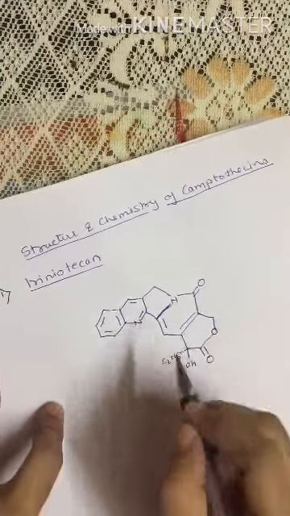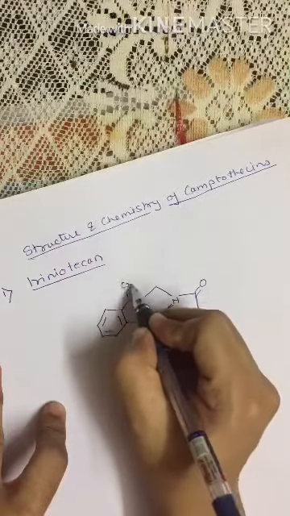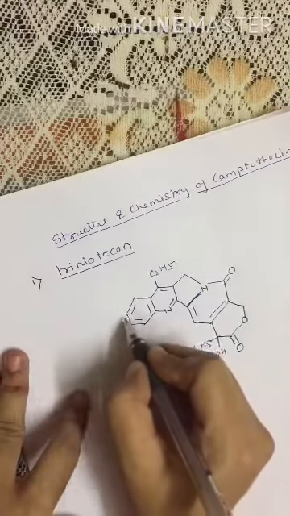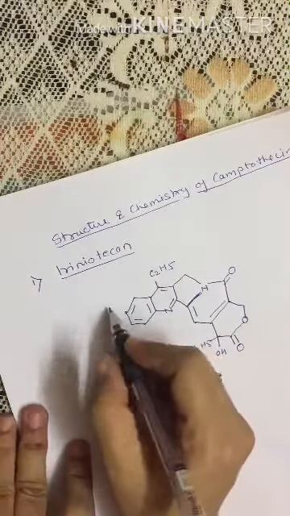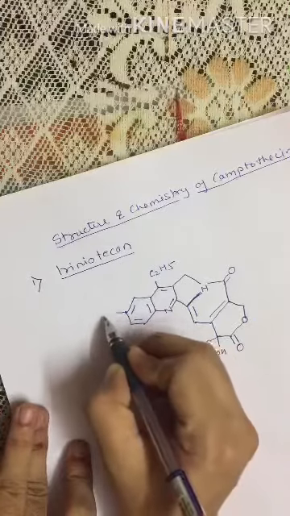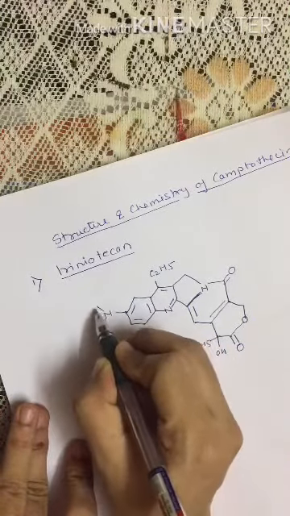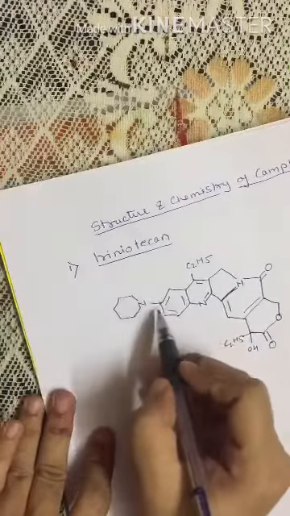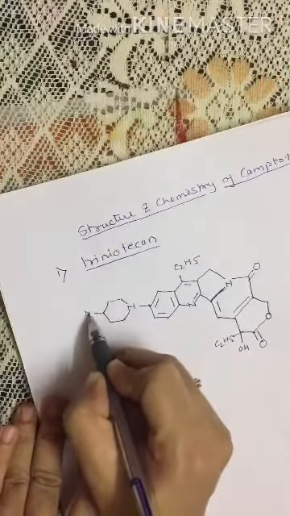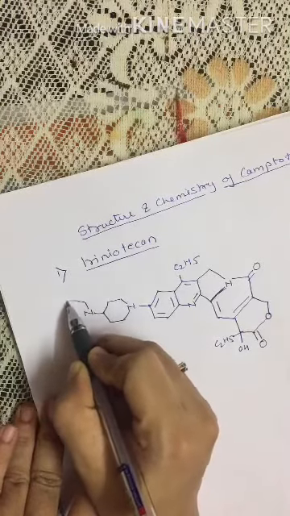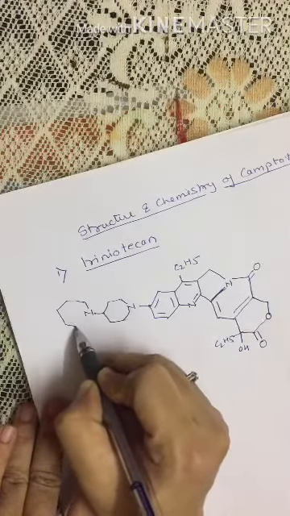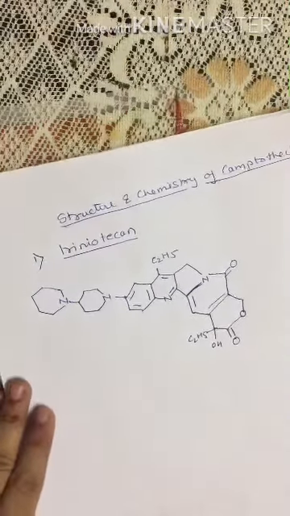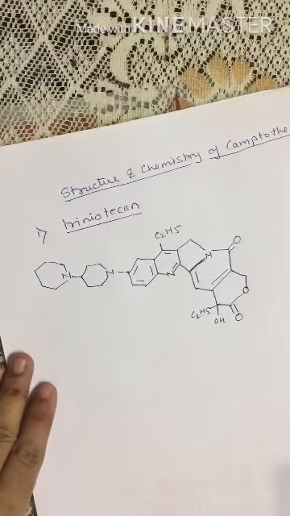At this position we have a C2H5 group, and in this position we have a piperidine moiety, one more piperidine group, which makes this drug highly basic.